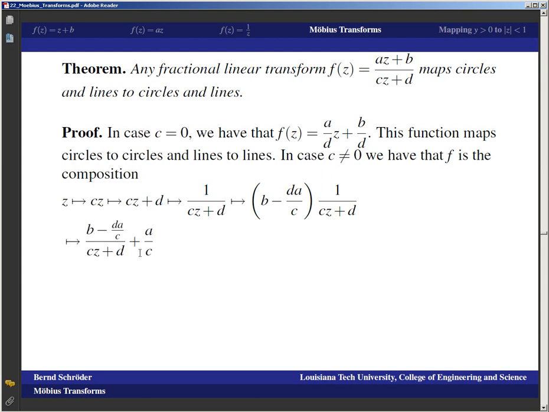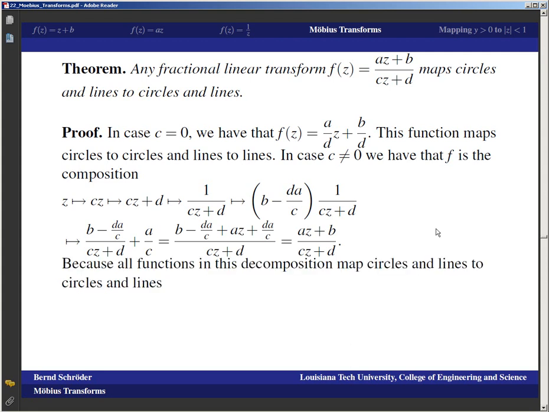And we map that to (b minus da over c) over cz plus d, which is what we had, plus a over c, which means we apply this function again. And if we now do the algebra with this, we find the common denominator. a over c becomes (az plus da over c) divided by cz plus d. Puzzle it all out, and we end up with our fractional linear transformation.